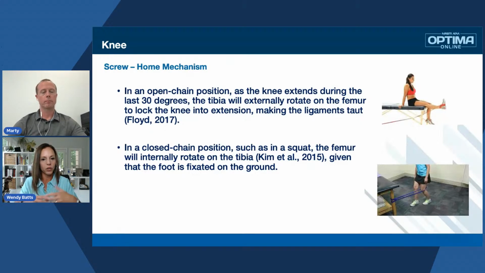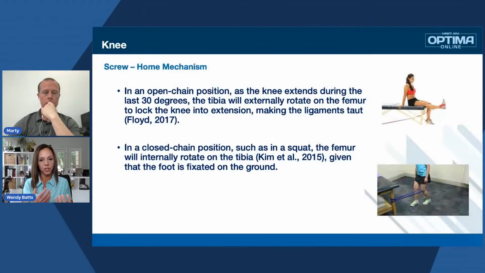When you're having someone perform this, the knee extends during the last 30 degrees, and the tibia is going to externally rotate on the femur to lock the knee into extension. That's going to make the ligaments taut. So keep in mind, if somebody's having discomfort, or you want them to really focus on proper movement patterns, maybe start them in an open chain type exercise.